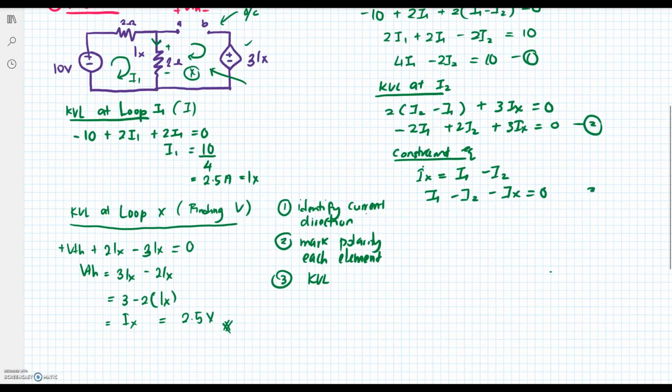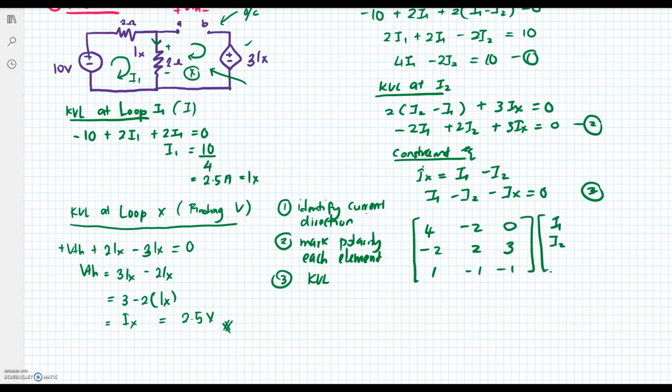Substitute the equations into the matrix form. 4, minus 2, 0; minus 2, 2, 3; 1, minus 1, minus 1.